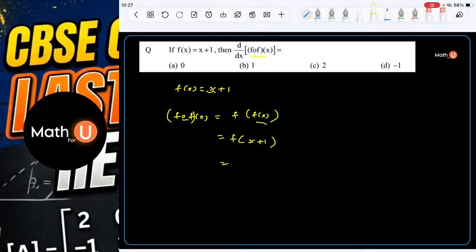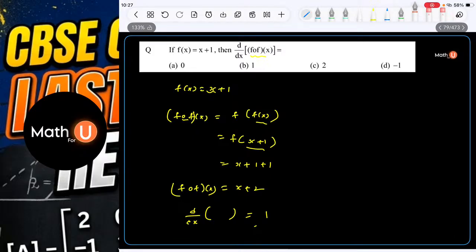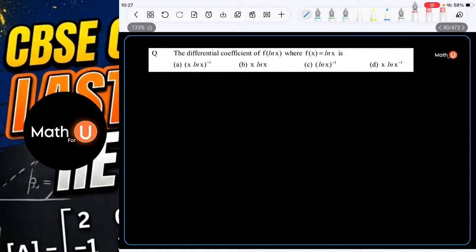Again in place of x replace x plus 1, we get x plus 1 plus 1, nothing but x plus 2. This is nothing but f of f of x. If you differentiate this, x plus 2 differentiation gives 1. 1 is the correct answer. Then we move to the next question.